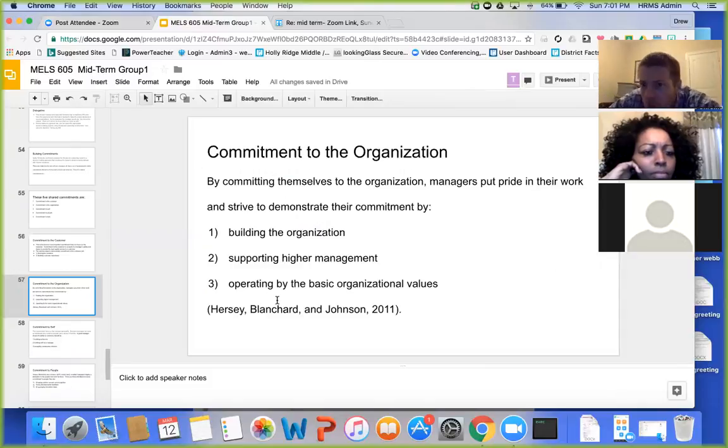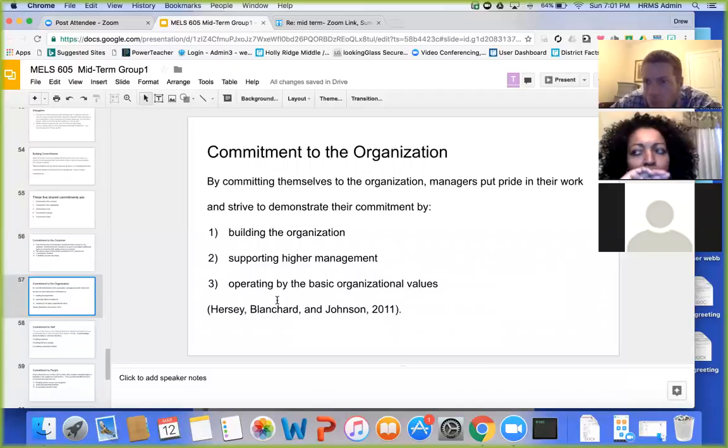The second one, supporting higher management, means just adding value to the organization, showing inspiring management, or also loyalty. We look at these managers' position in the organization by dual responsibility and taking on different challenges.